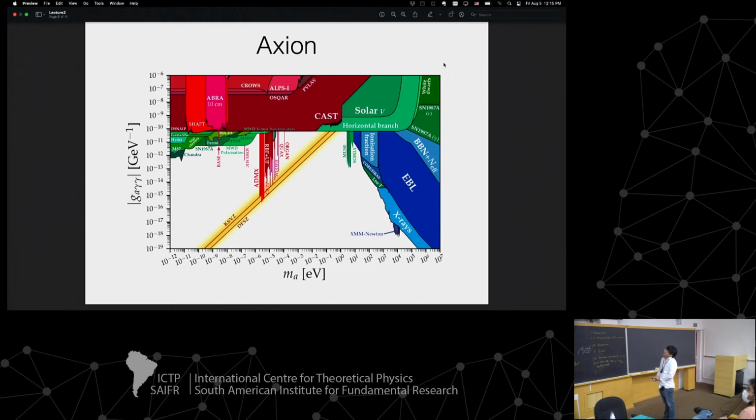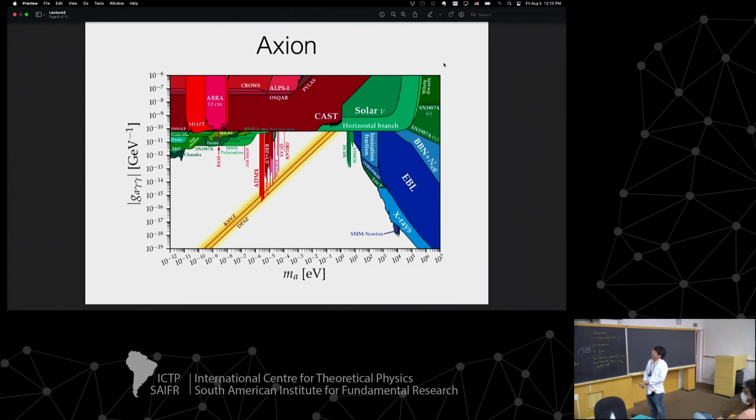This is the way ADMX is scanning, trying to cover as much mass range as possible at the moment. Okay? For how long has it been going? ADMX started maybe in the 80s or early 90s.